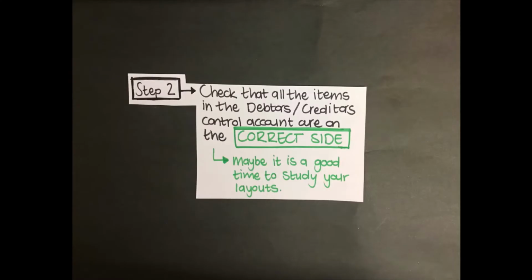Step 2. Check that all the items in the debtors or creditors control accounts are on the correct side. Sometimes inexperienced bookkeepers, not you guys, because you know your layouts, post things on the wrong side of the account, and then you need to fix that.